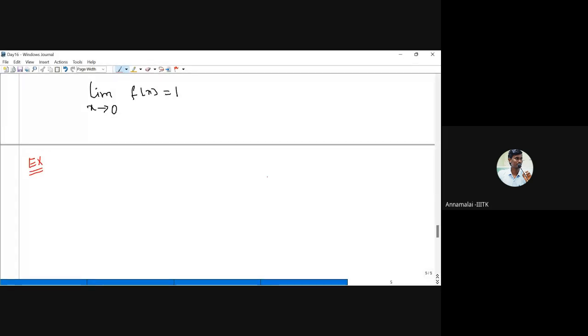So what is f of x equal to? x plus modulus of x into 1 plus x, whole divided by x, into sine of 1 by x, where x is non-zero.